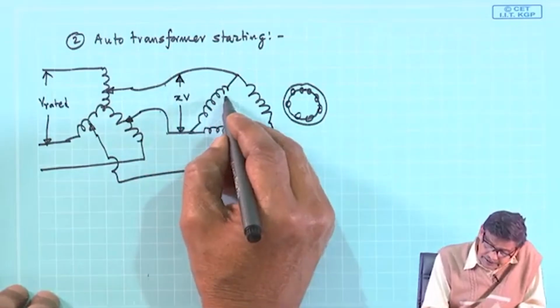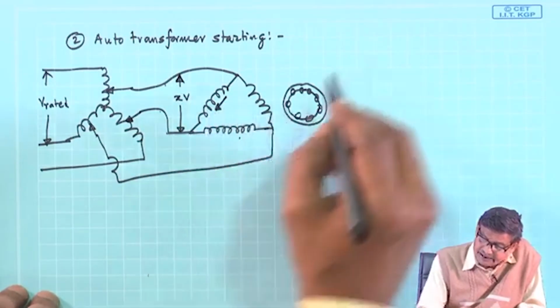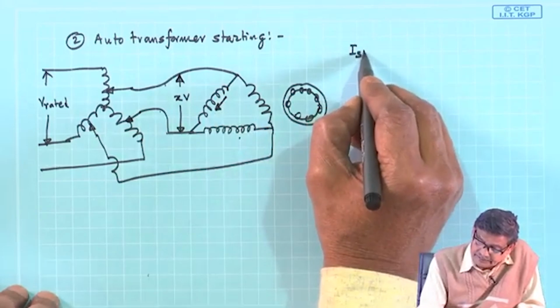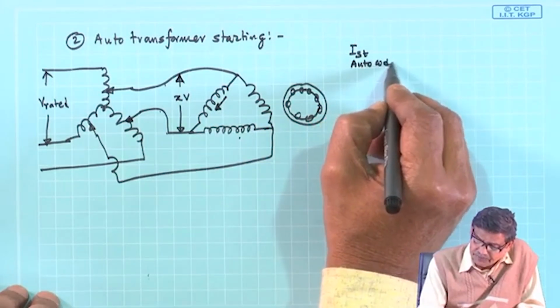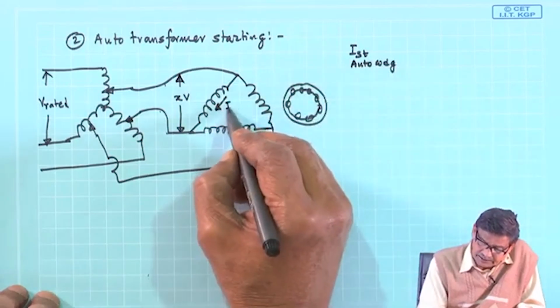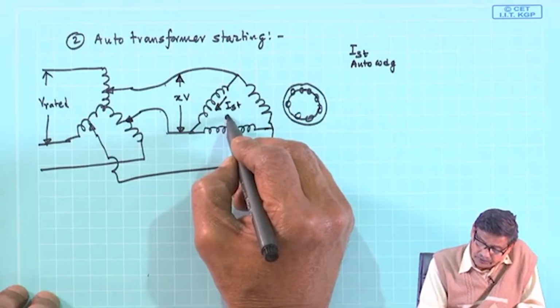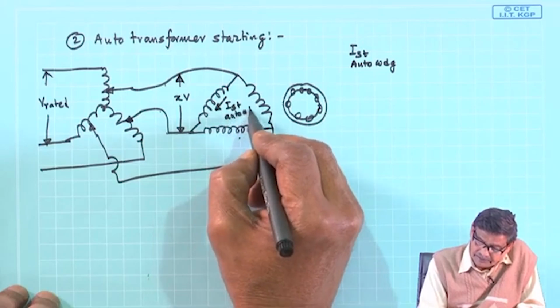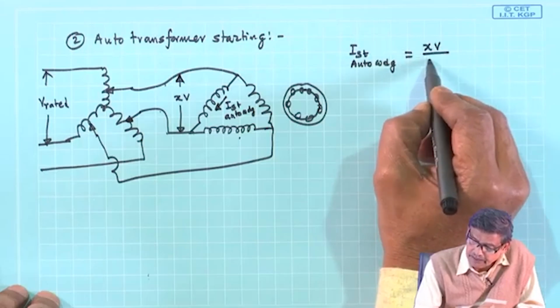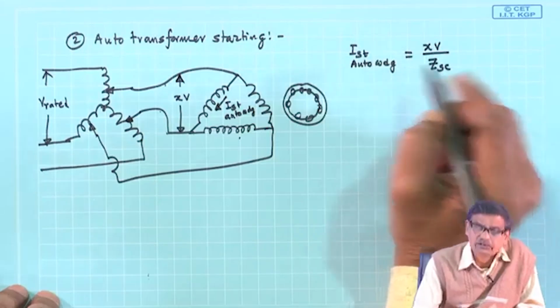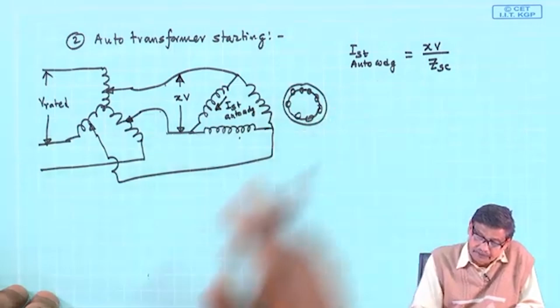Once again, this current, that is I starting in the auto winding, in this case will be simply x V rated by Z SC. The magnitude of the current is important.